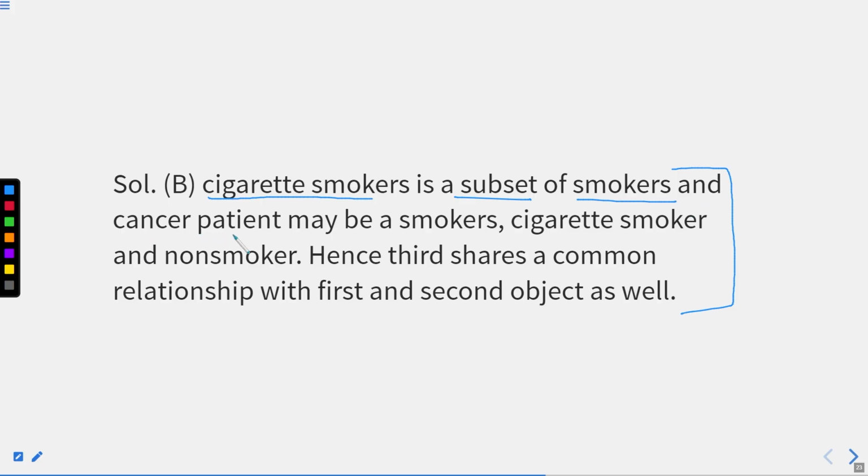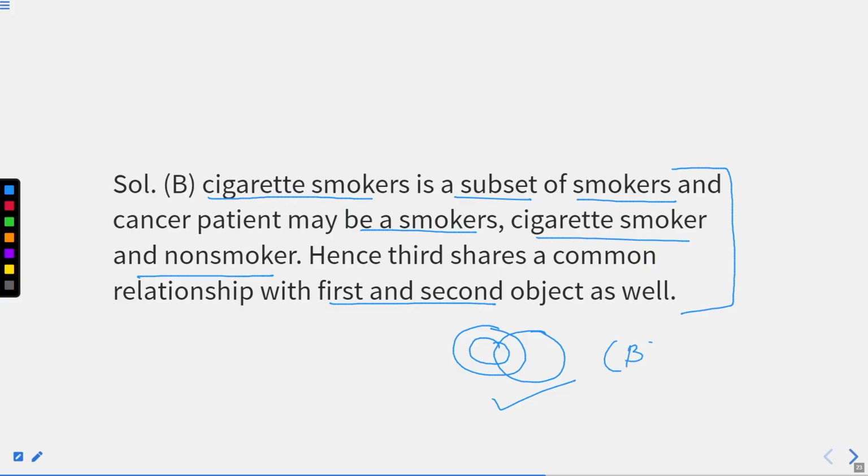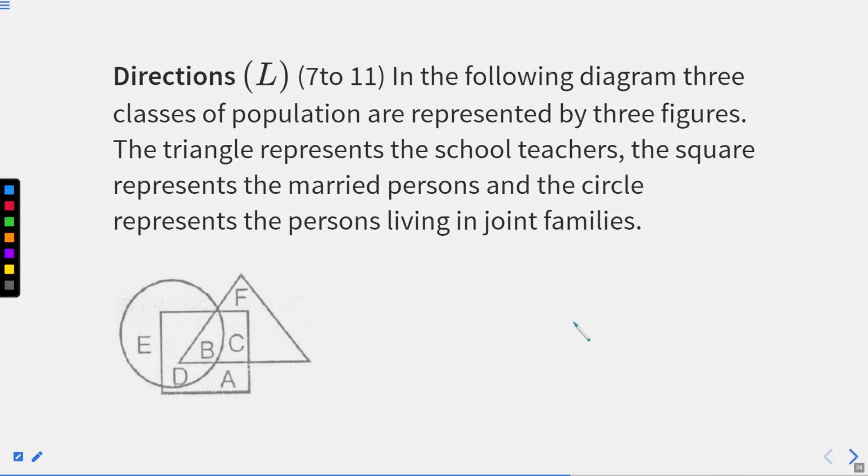And a cancer patient may be a smoker, a cigarette smoker or a non-smoker, anything, right? Hence the third shares a common relation with the first and the second as well. So our answer will be a smoker, a cigarette smoker and a cancer patient, right? This is our answer, which is option B. I hope I have explained this part well as well, right? Now we'll move to the next set of questions.